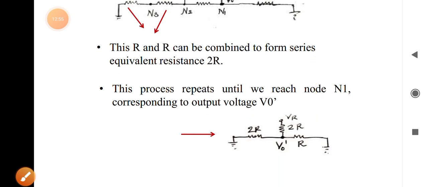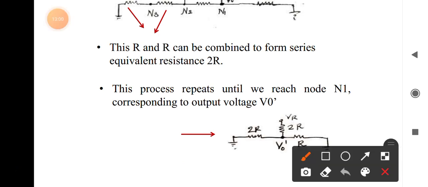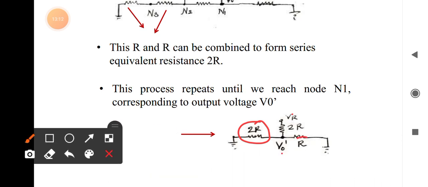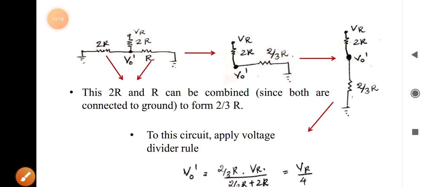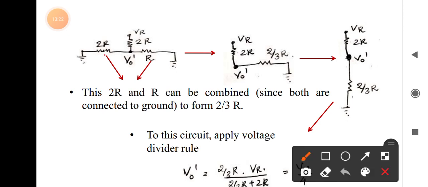And this process repeats until we reach the node N1, and at the node N1 we have 2R, the resistor connected to the ground, and 2R, the resistor connected to the VR and V0, and one more resistance R, which is connected to earth here. Okay, now these 2R and this R can be combined.